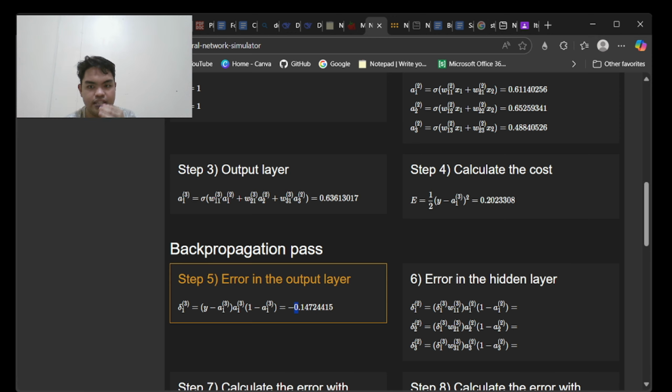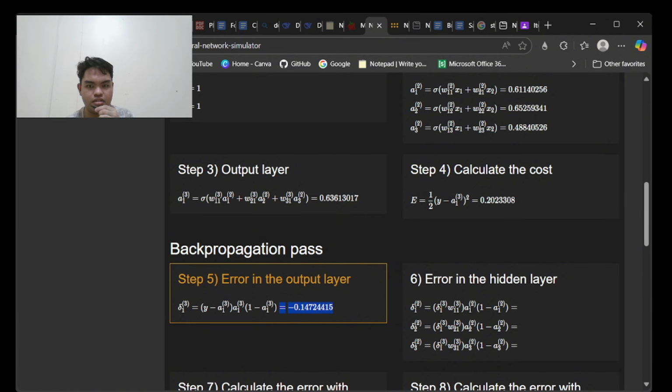This calculates how much we should blame the output neuron for this mistake. The negative sign says you were too high, so next time activate less. This is our error in the output layer.